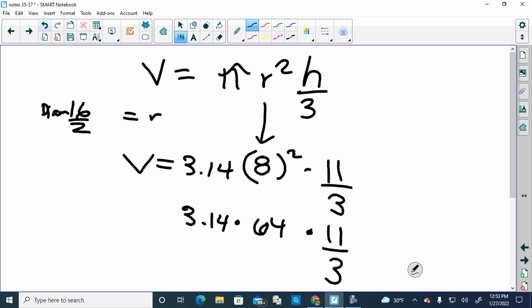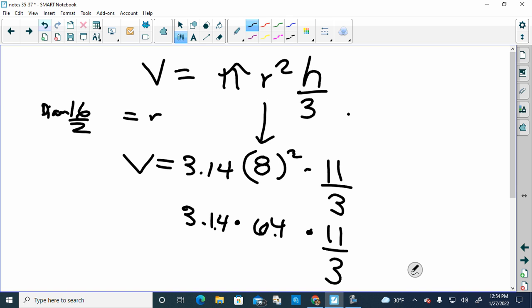Okay, now you're going to go left to right with the multiplication. Okay, so you're going to go this times this times this, and then divide by 3. So 3.14 times 64 times 11, and then divide by 3. Not going to get an exact answer.